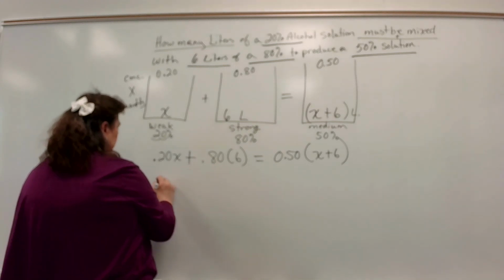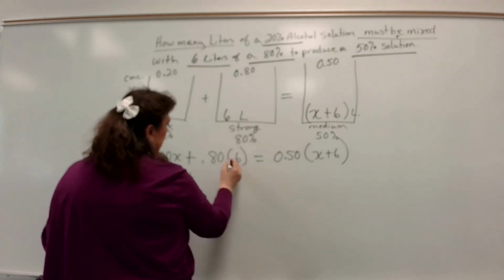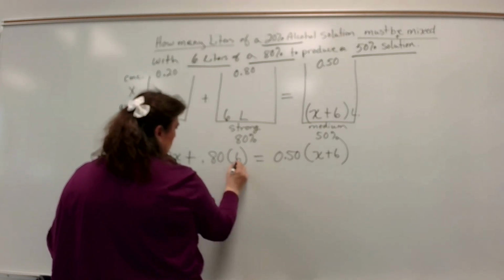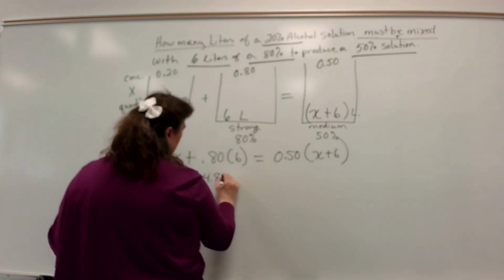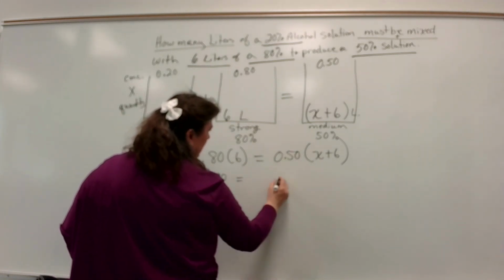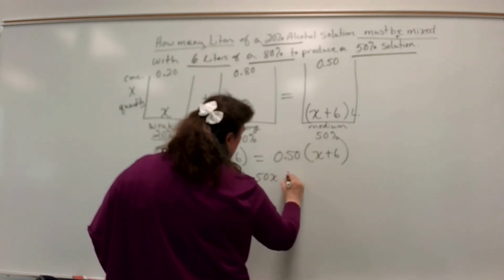Okay? 0.20x plus, that times that is 4.80, equal to 0.50x plus 3.